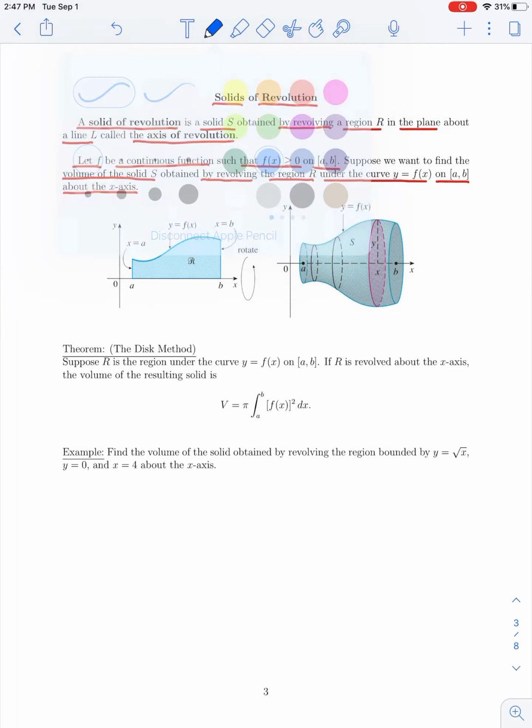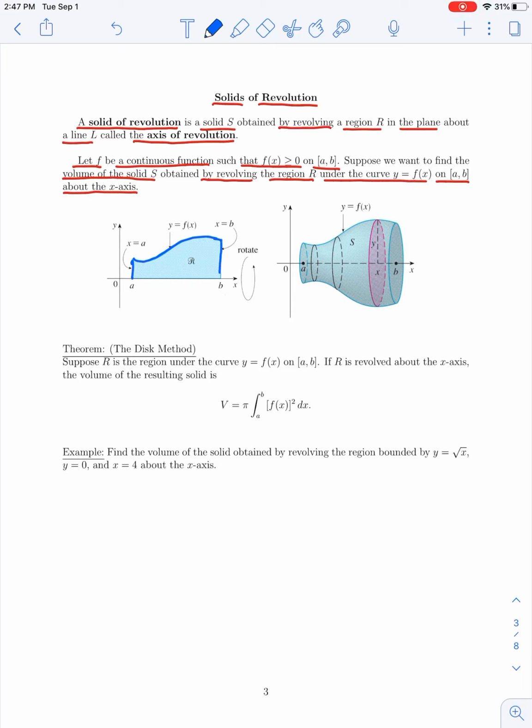Let's suppose that we have some continuous function f of x on an interval from a to b. So our graph of f of x is, since we specified it's non-negative, it lies above the x-axis. And we're looking at this solid region R that lies underneath the graph of that function between a and b.